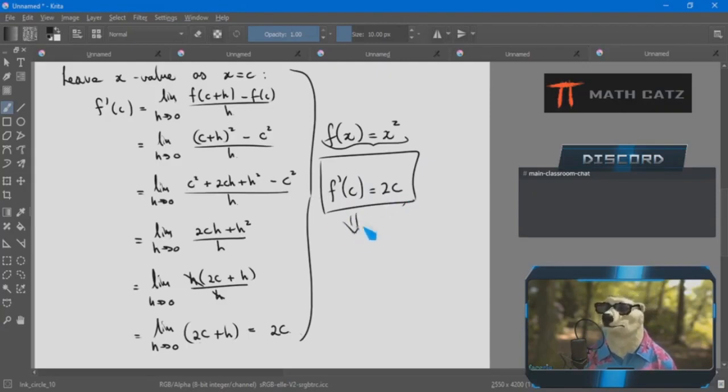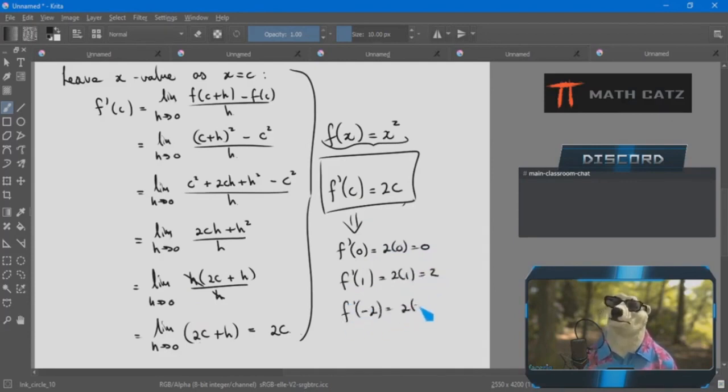So that then means that if I want to know what happens at 0, I use this box. I don't use the limit definition. I've done the work once, and now I use the formula. 2 times 0 is 0. If I want to know what happens at 1, 2 times 1 is 2. If I know what happens at negative 2, 2 times negative 2 is negative 4.